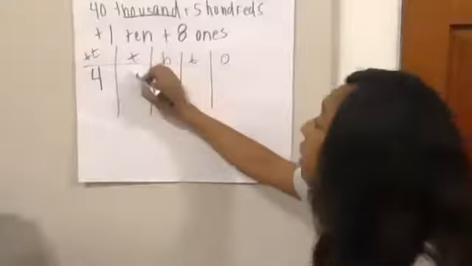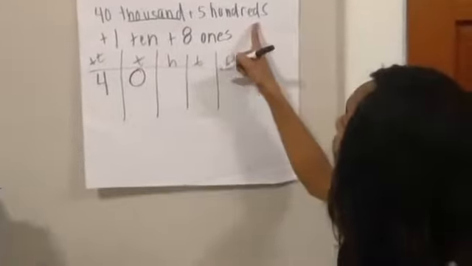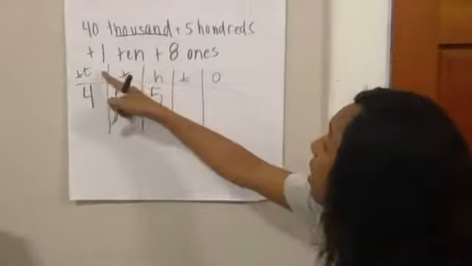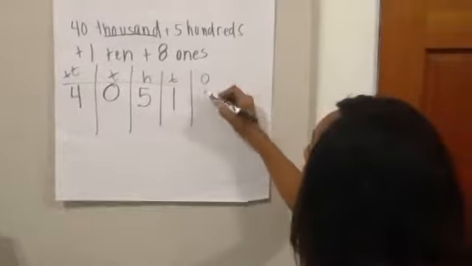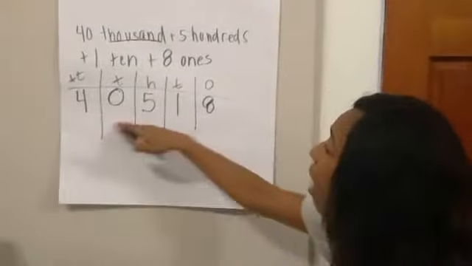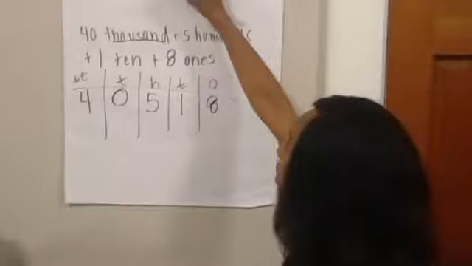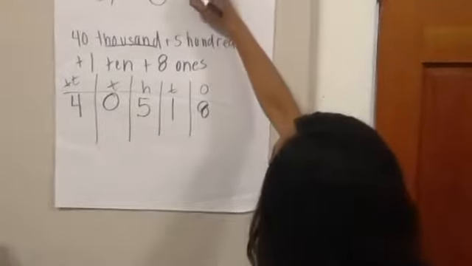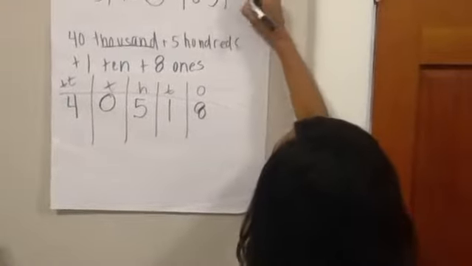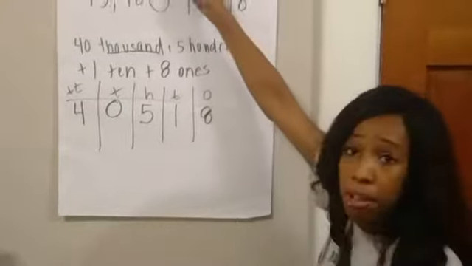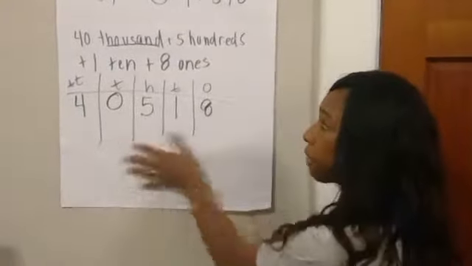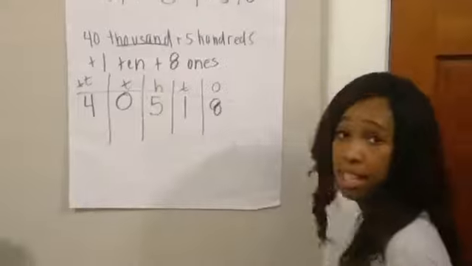I'm going to put a 0 here. Do I have any hundreds? I've got 5 hundreds, any tens, 1 ten, and 8 ones. So now this is a lot easier to compare with this. I'm going to write this number up here, 40,518. Now this is the same number as this. All I did was I put this number in standard form so that I can easily compare it.